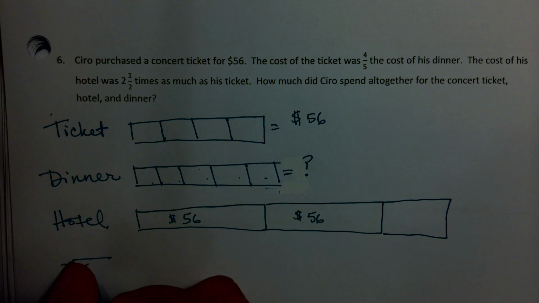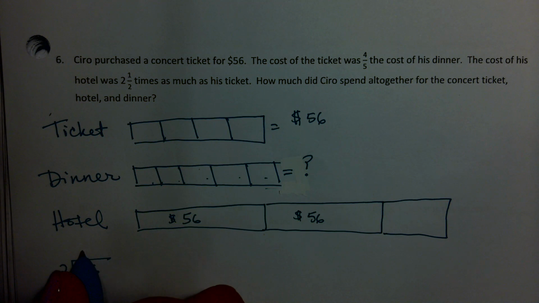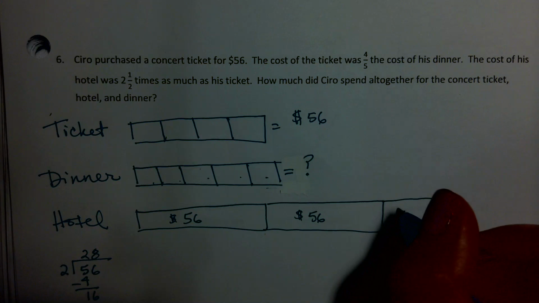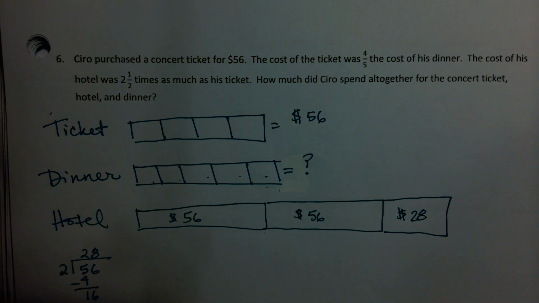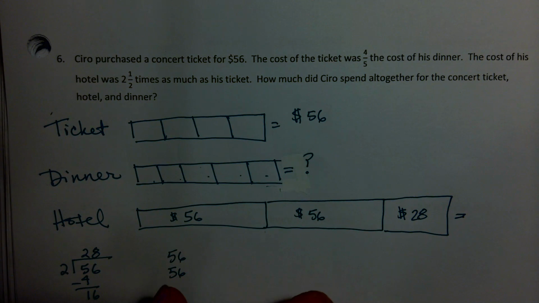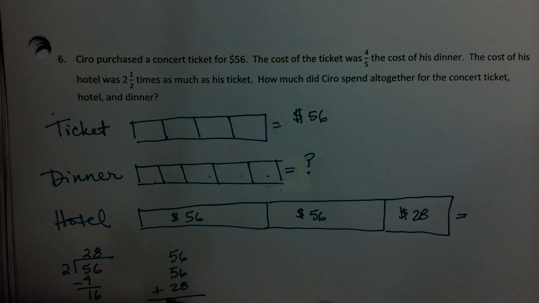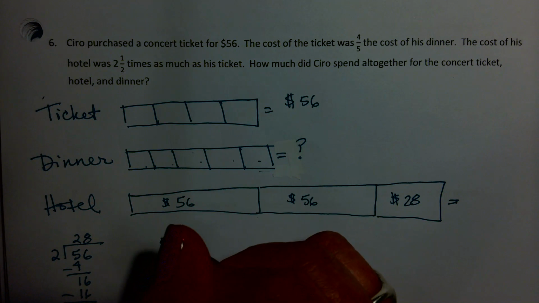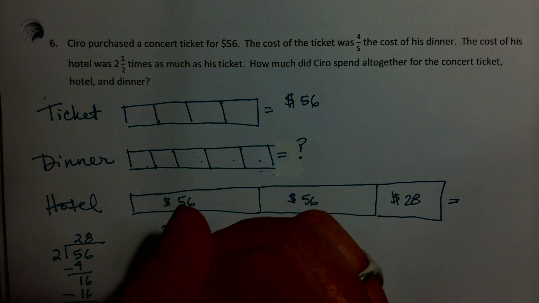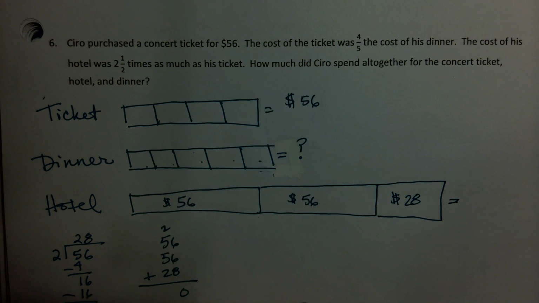So 2 goes into 56, 28, right? So how much did this cost altogether? Well, 56 plus 56 plus 28, that's going to give us the cost for the hotel, right? So 6 plus 6 is 12 plus 8 is 20. $140, right?